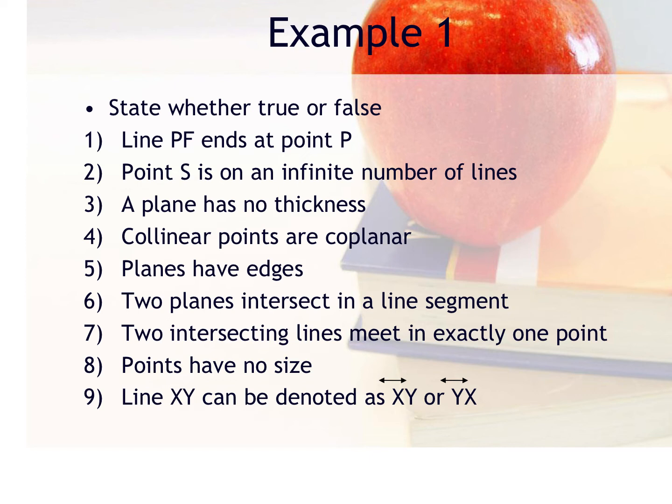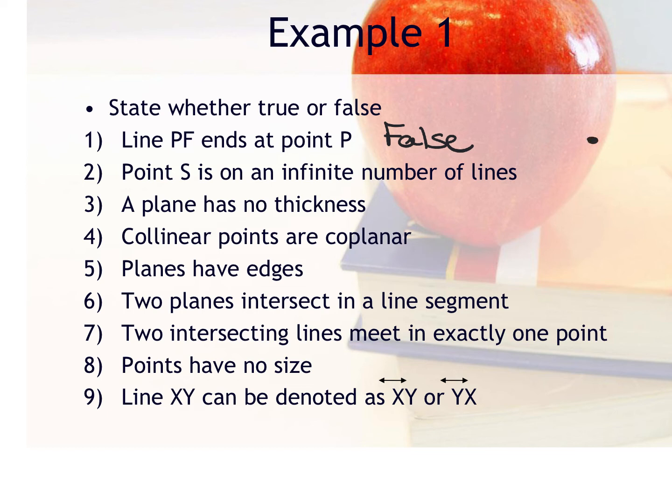It says line PF ends at point P. True or false? False, right? Because what do we know about a line? Does it end? No. So this one would be false because lines do not end. Number 2, point S is on an infinite number of lines. Now this one's a little tricky.